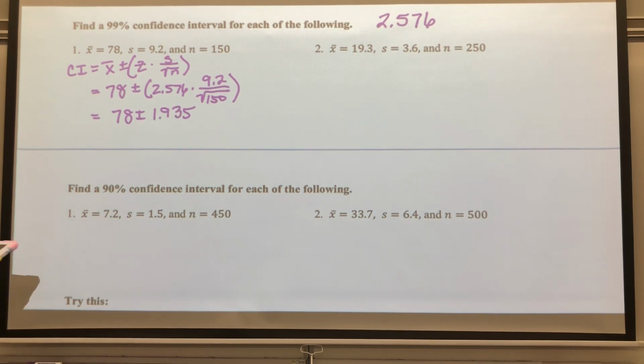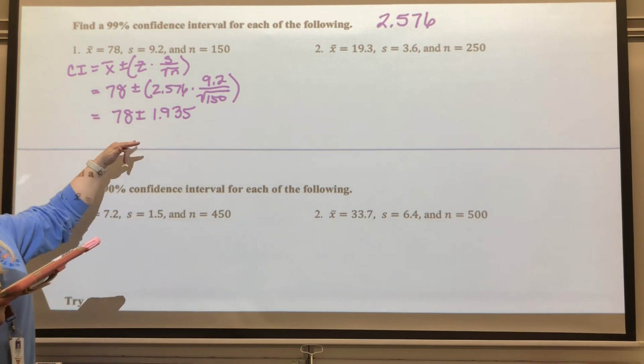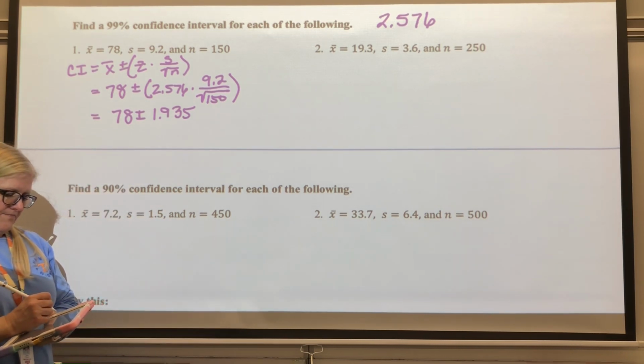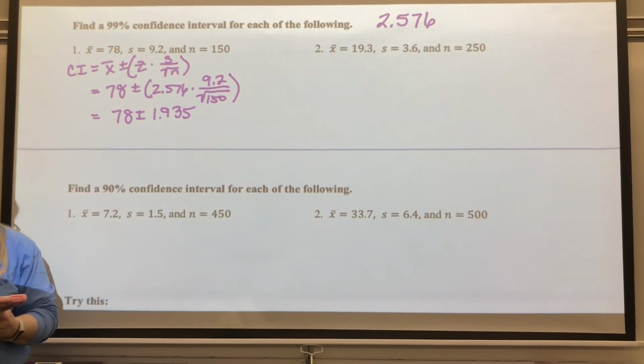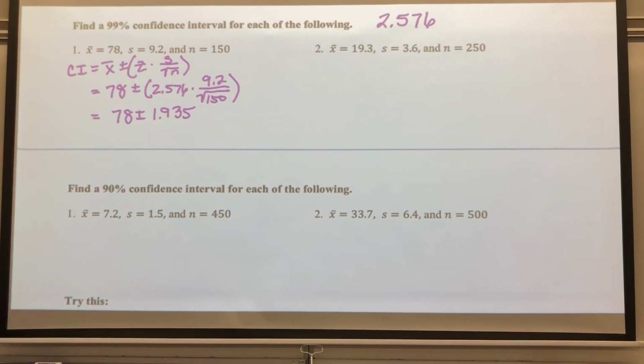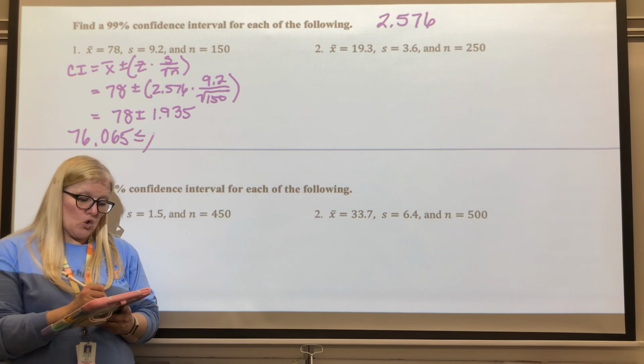And if I want to put it in interval form, 78 minus 1.935 is 76.065, less than mu.